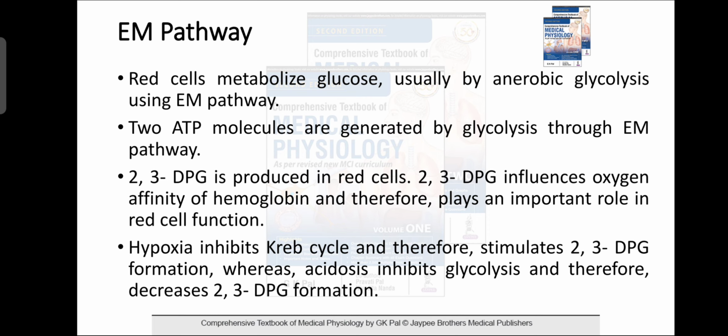Hypoxia inhibits the Krebs cycle and therefore stimulates 2,3-DPG formation, whereas acidosis inhibits glycolysis and decreases 2,3-DPG formation.